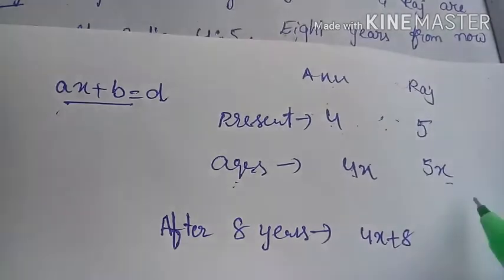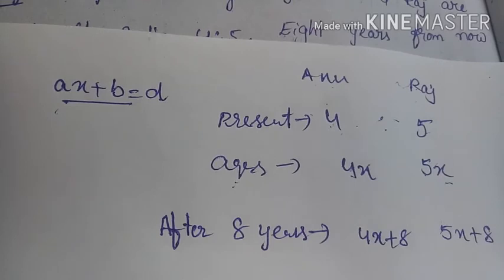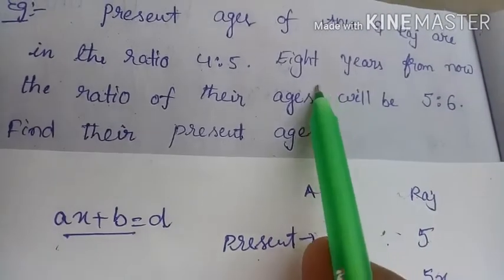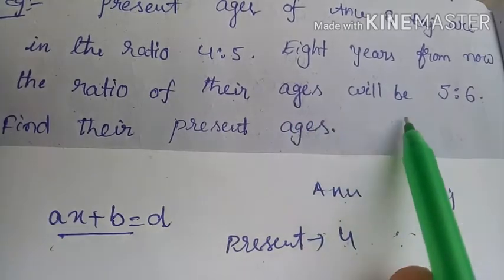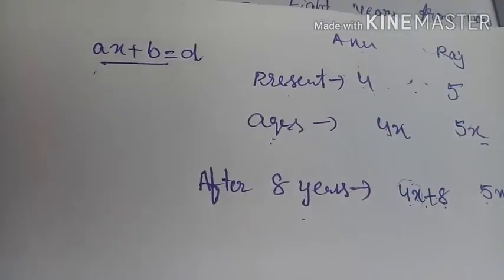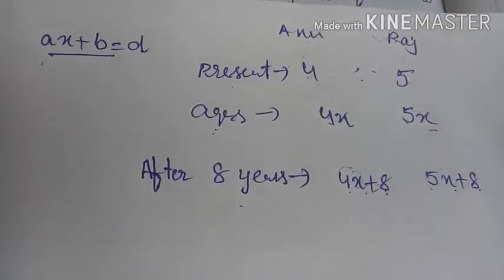At the same time, Raju's age becomes 5x plus 8. And they said after 8 years from now the ratio of their ages will be 5:6. Their ratio after 8 years, we have to take their ages as a ratio.